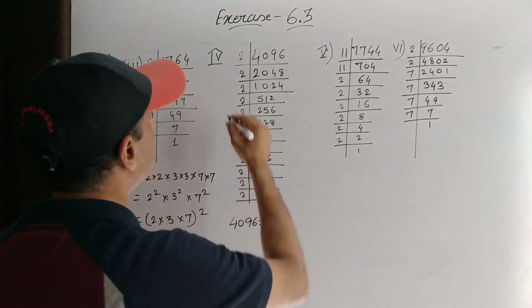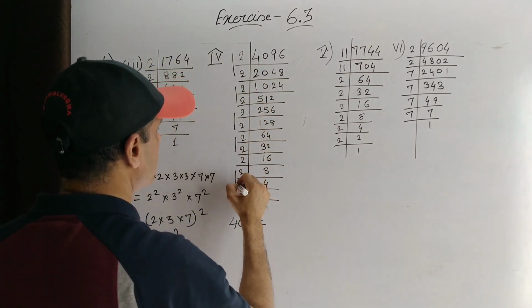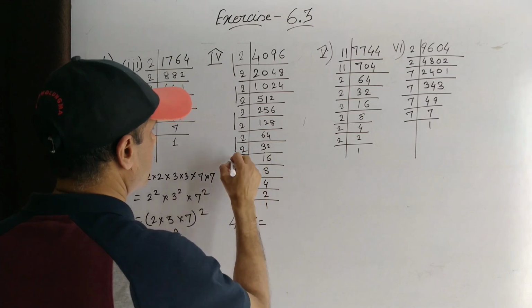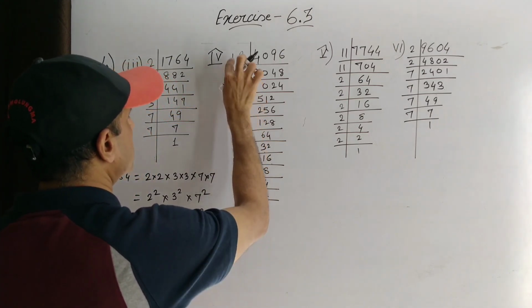Here we get 4096 is equal to 2 square, 2 square, 2 square, 2 square, 2 square, and 2 square. So 1, 2, 3, 4, 5, 6.